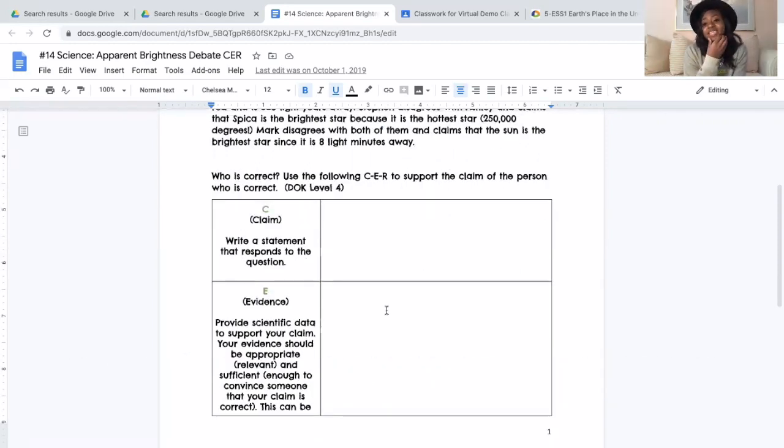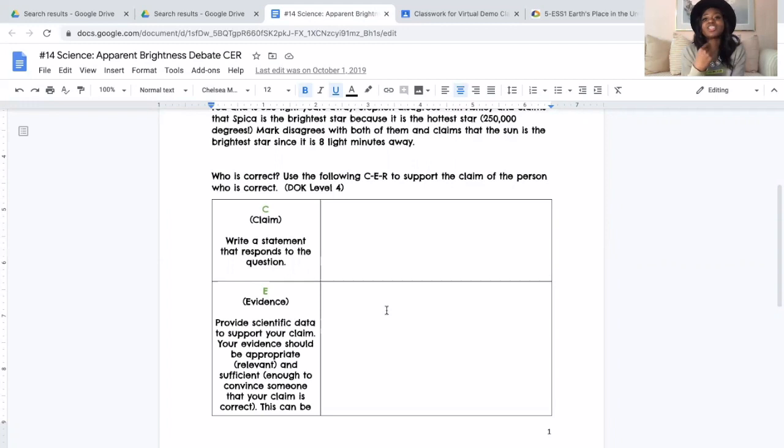In the evidence section, the students are going to list or provide examples of evidence that would help support their claim. So the evidence can be anything from text that they may have read in class, from their science textbook, or informational text that may have been utilized during the lesson.